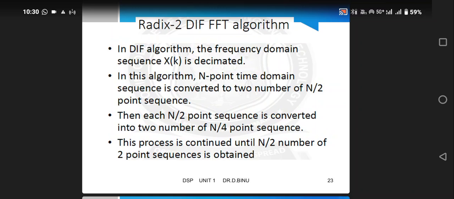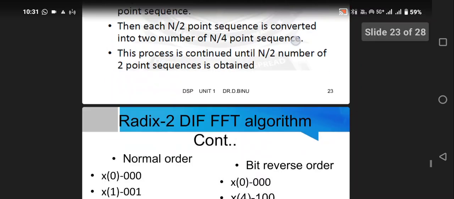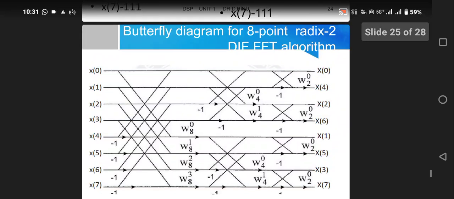This process is continued until N by 2 numbers of 2-point sequences are obtained. In DIF FFT, the input is in normal order, the output is in bit reversal order. The butterfly diagram for the 8-point radix 2 DIF FFT algorithm structure is represented in this manner.